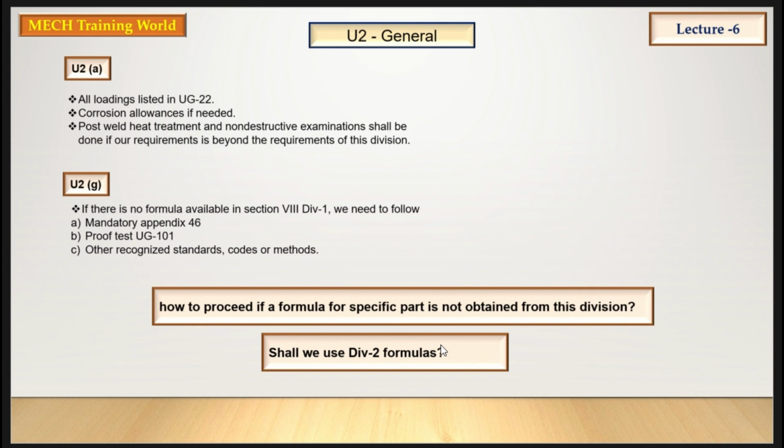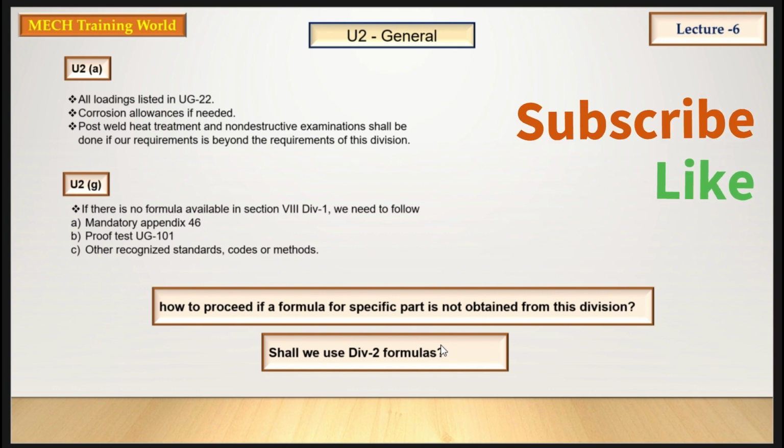For example, if you want to design a pressure relief valve, we need to follow the CGA S-1.3 special code. And if you want to design your pipes and fittings, we need to follow the piping code, I think ASME B31.3 or B31.1. So we need to follow those codes if there is no formula available in Division 1.